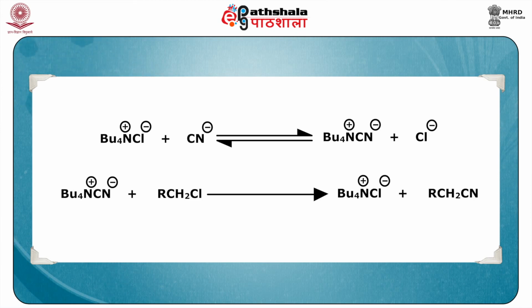It can interact with the organic molecule, the RCH2Cl here, and it will take the Cl back, helping in the substitution of the molecule. So, RCH2Cl with the help of this phase transfer catalyst can be converted into RCH2CN, as compared to without the use of these phase transfer catalysts. Similarly, crown ethers can also be used.